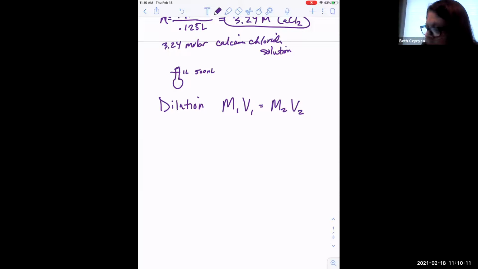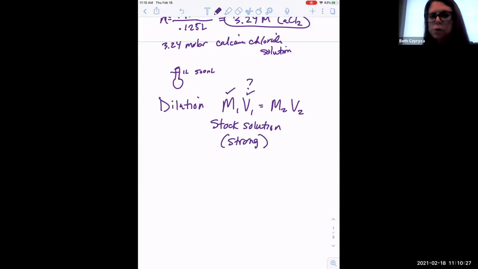We call that the stock solution. And that's the strong one. And then we have a certain amount of it. What we normally need to figure out frequently is how much of that strong solution do we need to dilute in order to get the new solution that we're going to use in the lab.